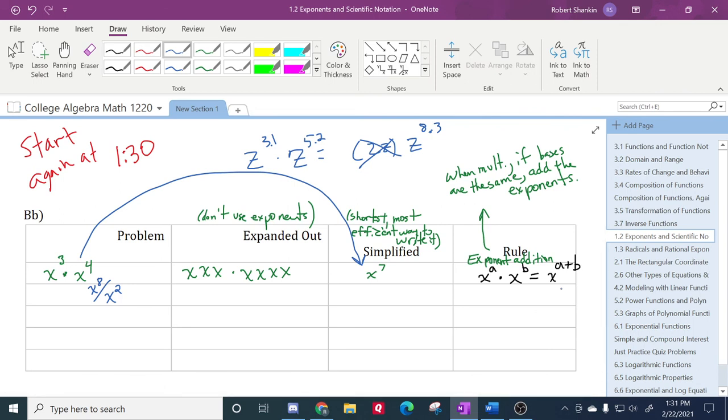And now you have an example for the rule. You can do it in words or you can do it in abstract symbols, however you like.